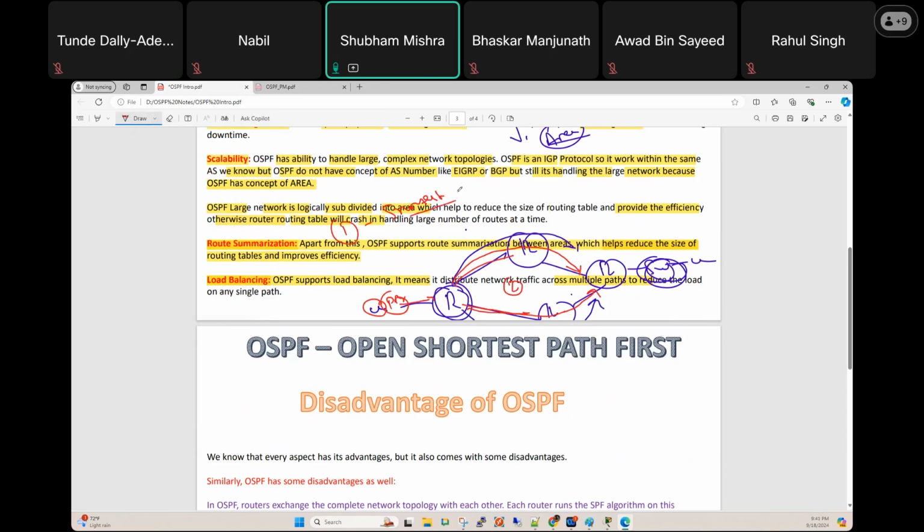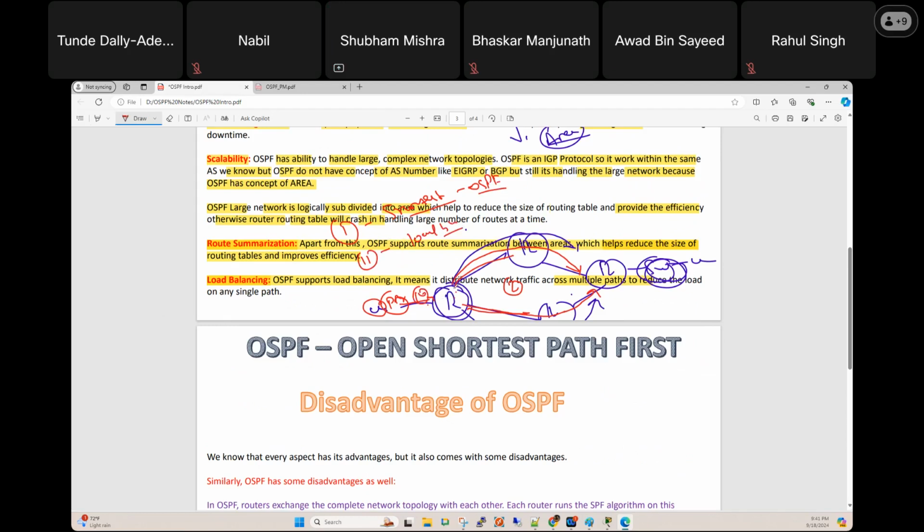And this is the use of OSPF. But shortest path has one more benefit, or you can say one feature, that is called load balancing. It means this router can perform load balancing also. Load balancing means, let's suppose this router receives 10 packets.